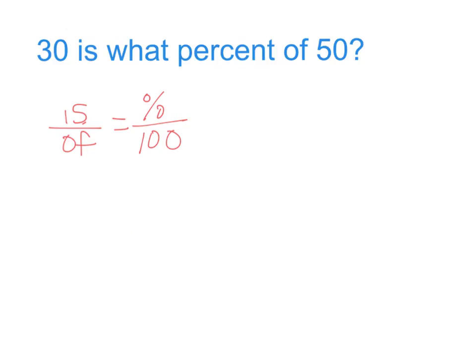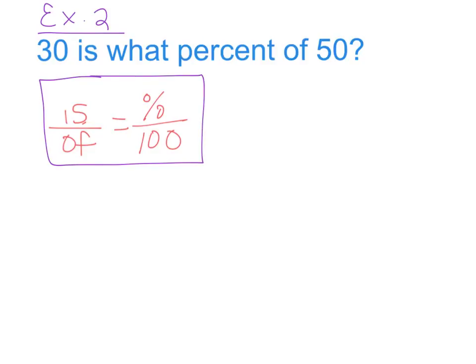Okay, now sometimes the questions are worded differently, and I'm going to word them sometimes like this. So let's put this as example 2. 30 is what percent of 50? So I'm going to use this proportion, is over of equals percent out of 100, to help me solve this question.